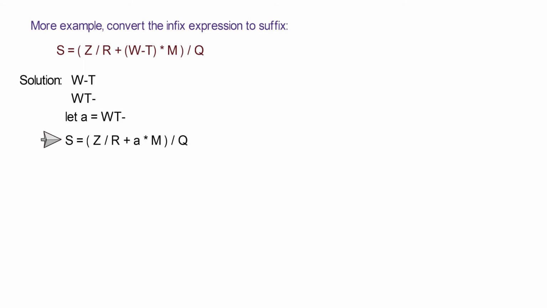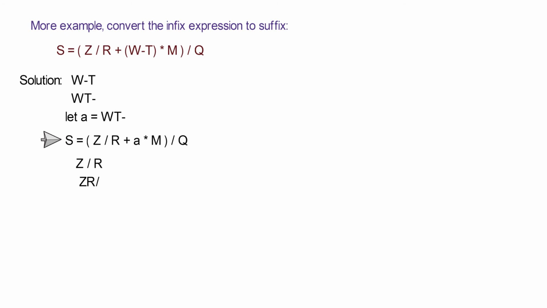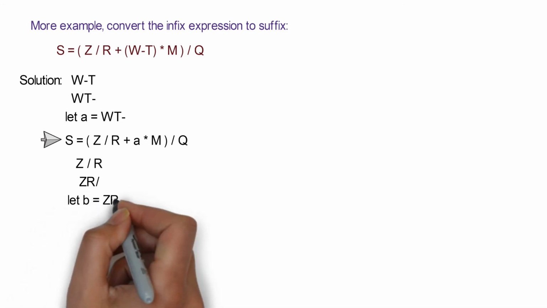So we tackle the division first since it appeared in the expression first from left to right when we scan the expression. So Z slash R will be our next point of contact. We can now convert that to ZR slash. And again, we represent that with B.